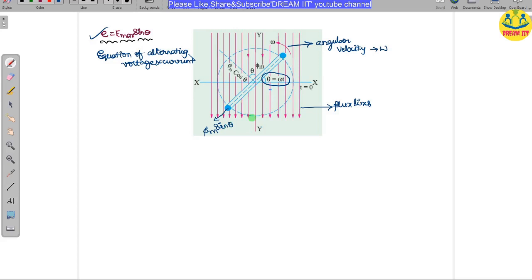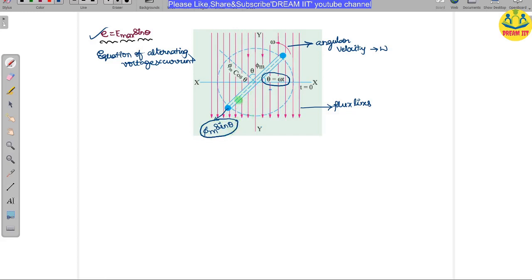The vertical component is exactly parallel, so whenever it moves in the anti-clockwise direction, this component coincides with the field lines.